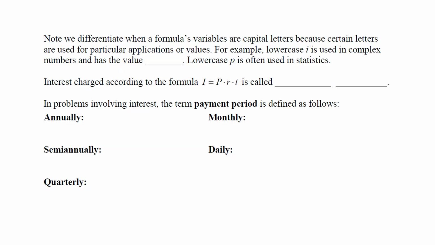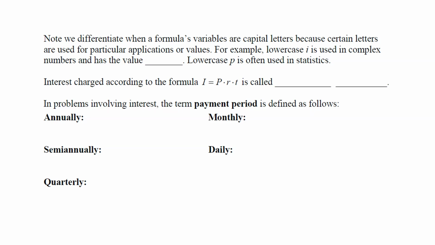All right. An important note, though, about variables. We differentiate when a formula's variables are capital letters because certain letters are used for particular applications or values. For example, lowercase i is used in complex numbers and has the value square root of -1.